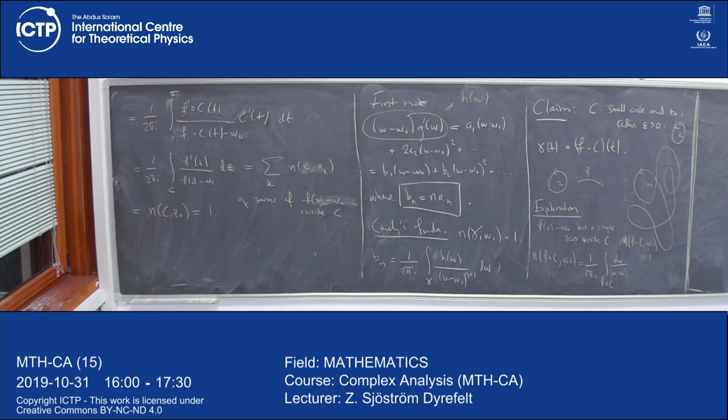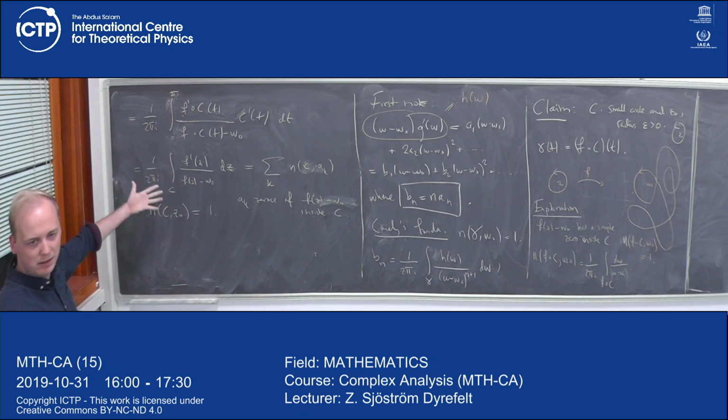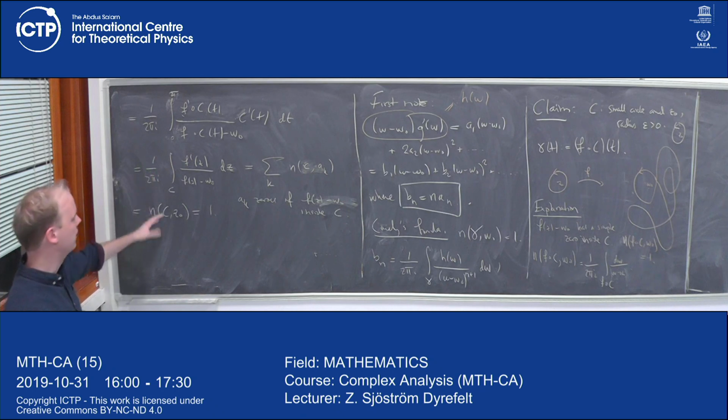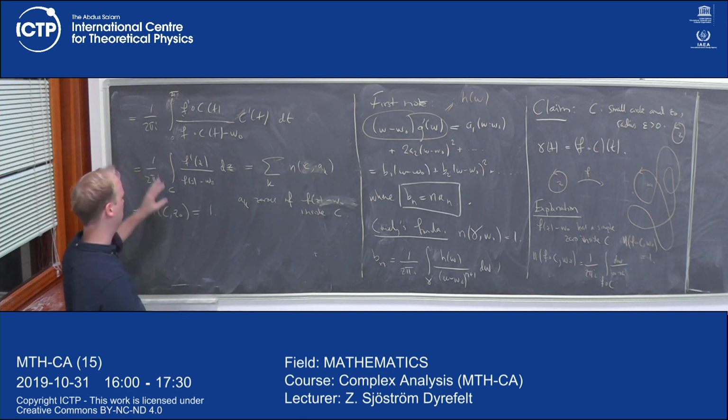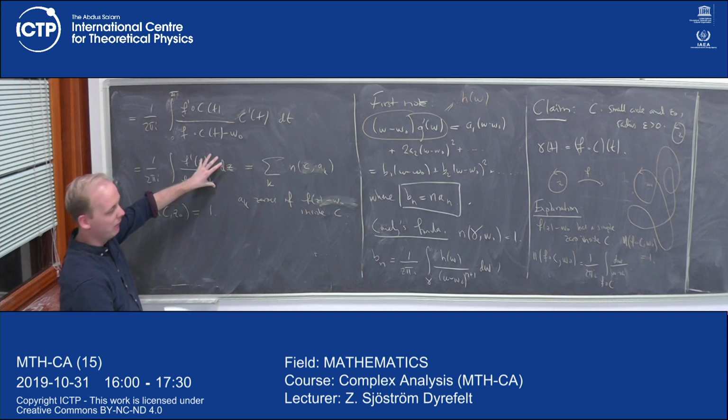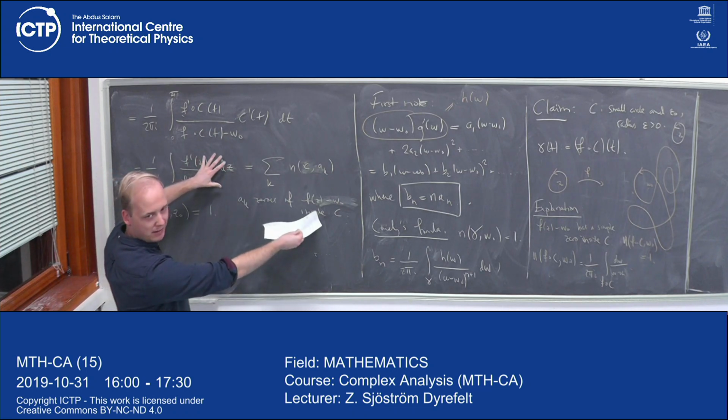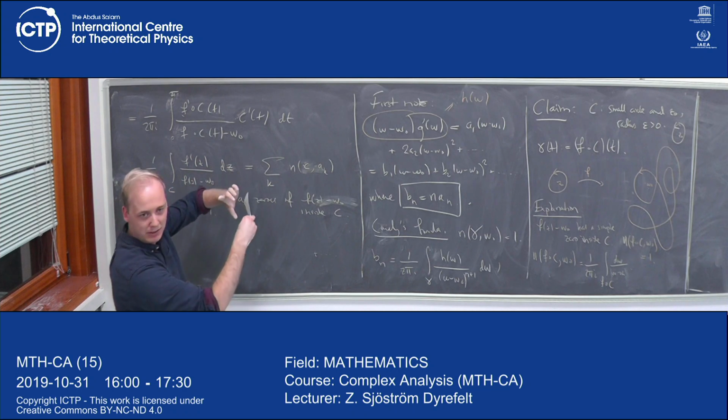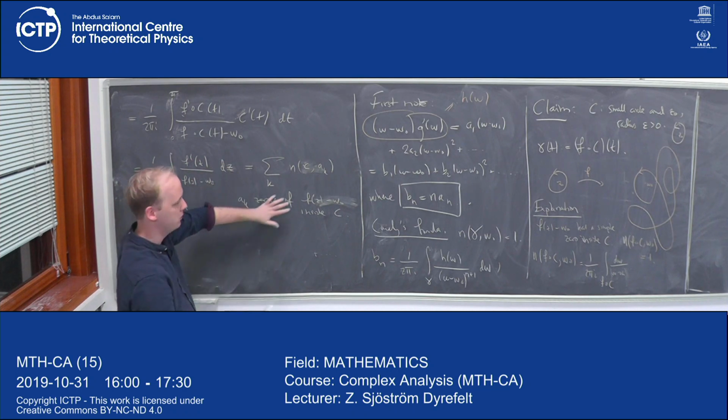This is what I wanted to show. This is a little almost unnecessarily long. You can skip one of these steps if you see immediately that that thing is equal to this. You just have to say I set up the problem so that C was so small that it only contained 1 zero.